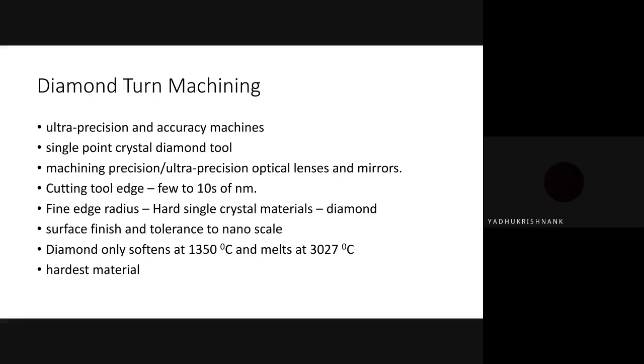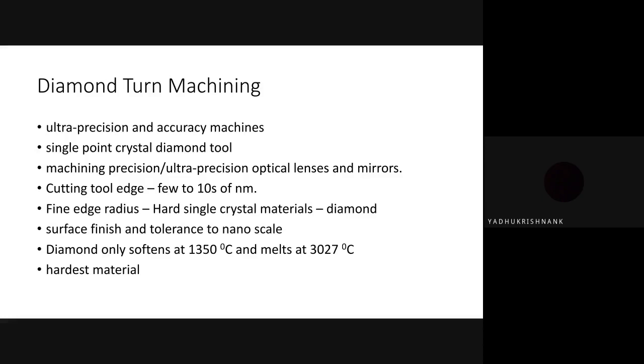Only at this high temperature is the material softened. Unlike other materials or alloys, if it softens at a small temperature itself, then while machining the tool will become blunt.